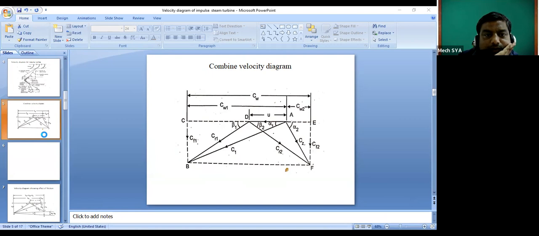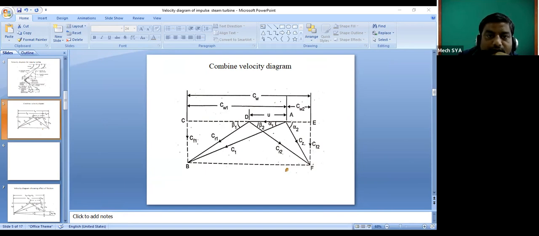From this U, the velocity which is coming is the absolute velocity, which makes angle alpha 1 with the tangential, horizontal direction. This we call C1. It is the absolute velocity component of steam at inlet.